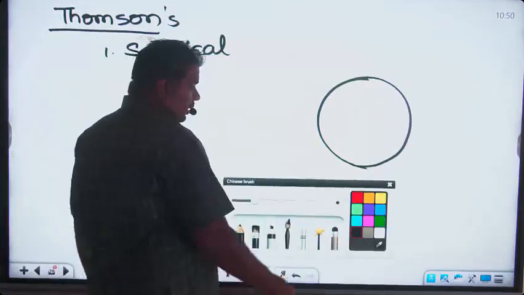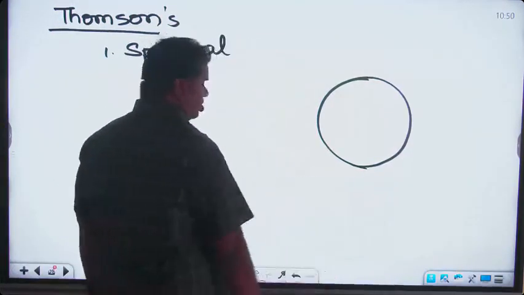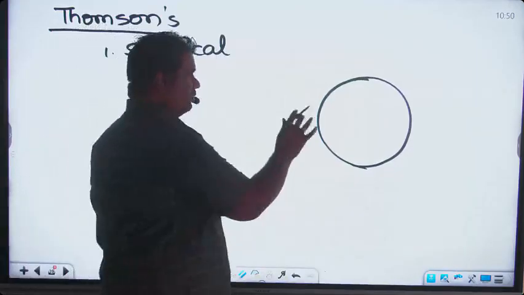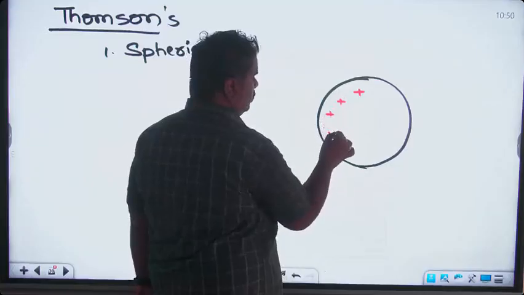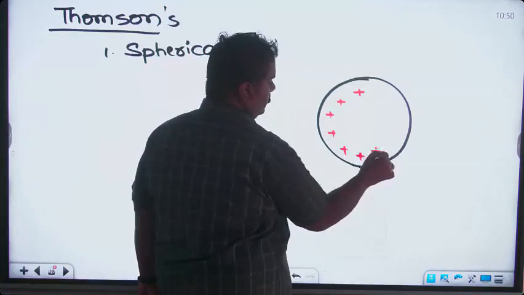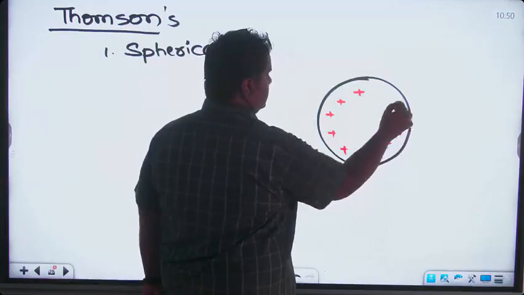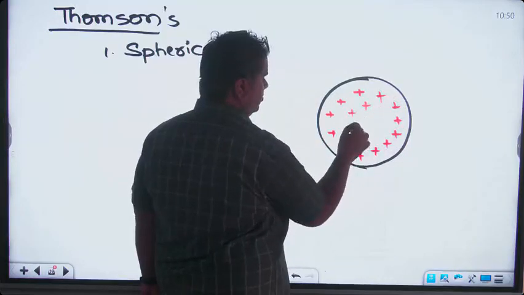Then, in this spherically shaped atom, according to Thomson, positive charges are spread throughout the atom.